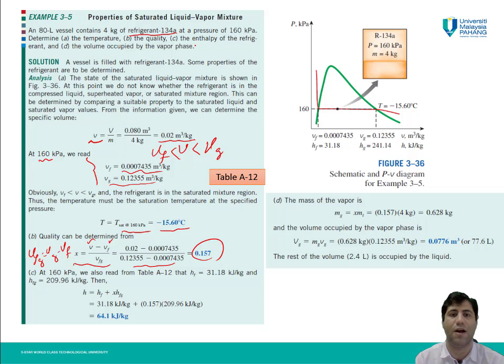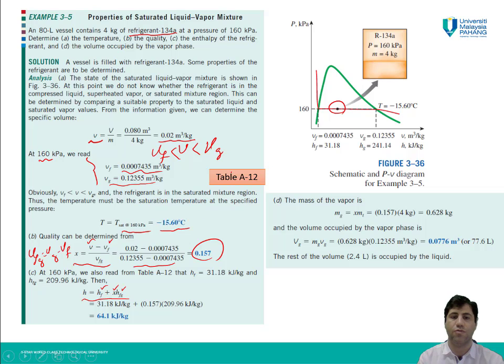Part C, the enthalpy of the refrigerant. Again, as I told you, we have this equation: by knowing the quality, which we have calculated here, and hf and hfg, we can calculate the average enthalpy h for this state. But we have x here. How about hf and hfg?